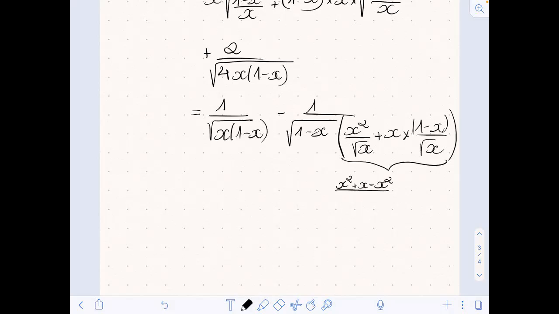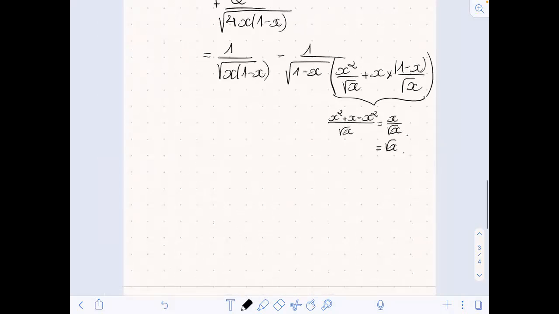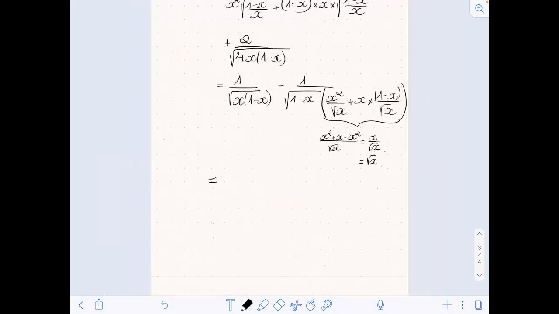Not quite, but so we get x squared. If we just look at that, we should get this. And we get x over square root of x, and oh yeah, that gives us square root of x. Sorry, I'm not quite on the best form. So if you have a look at what we have here, we have 1 over square root of x minus 1 minus x minus the same thing, so we get 0, reassuringly.